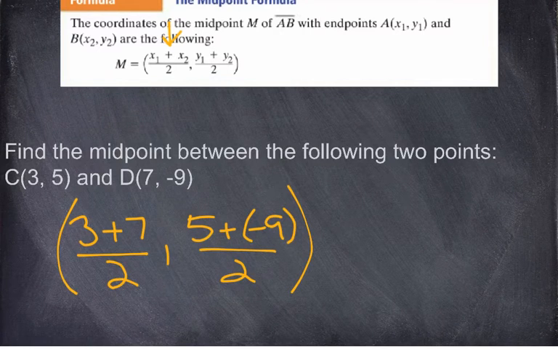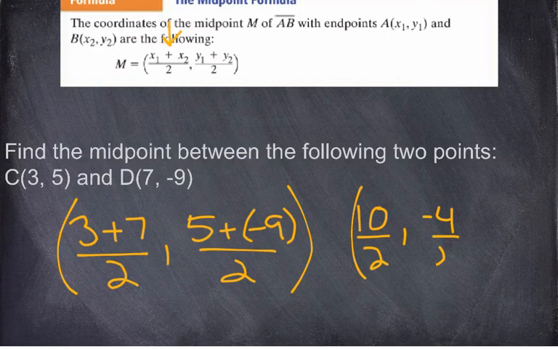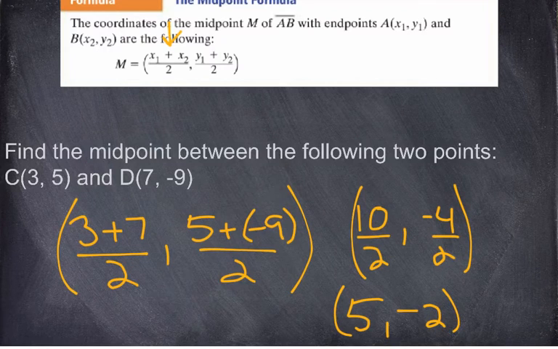So that gives us 3 plus 7 over 2, comma, 5 plus negative 9 over 2, which is 10 over 2, negative 4 over 2. And always, if you can reduce, reduce. 10 divided by 2 is 5. Negative 4 divided by 2 is negative 2. So our final answer is 5, negative 2. That's how you find the midpoint between 2 points: take the average of the x values, take the average of the y's, and there goes your midpoint.